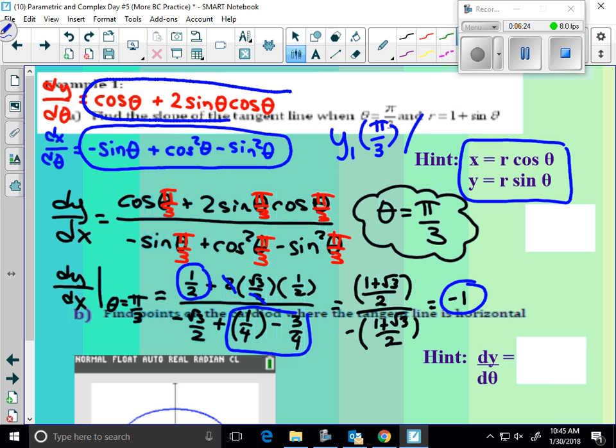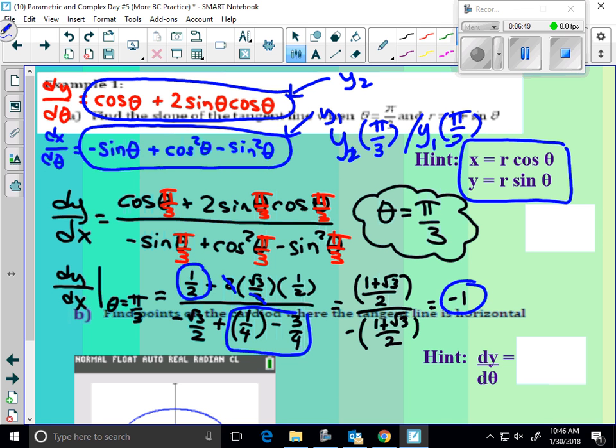You could put this in for y2, and shoot, you would want it the other way around. So I would do this over that, and you'd get a nice answer. So the hard part would be typing this in for y2 and this in for y1 and making sure you didn't screw it up, because then the calculator does the rest. You get -1 for a slope, all right, and you're good.